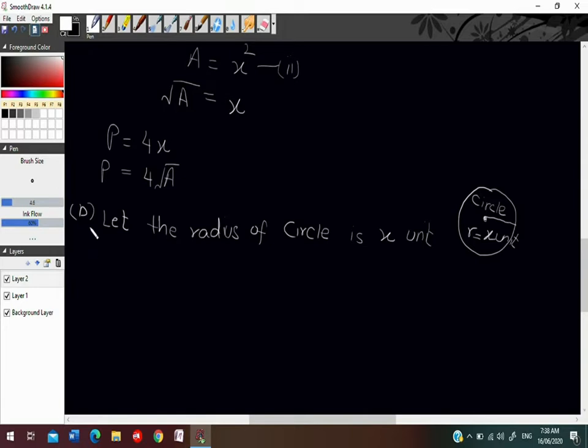And we know that area of a circle is equals to pi r square. Or in other words, simply we can write A is equals to pi x square. Instead of using r, here we use x. And this is our equation number 1. And on the other side, we calculate the circumference.